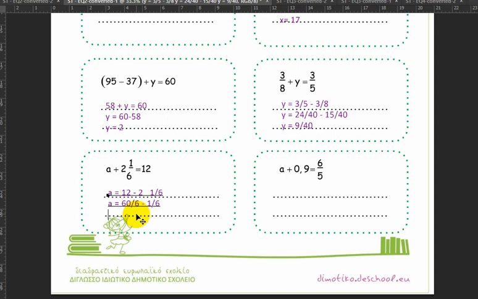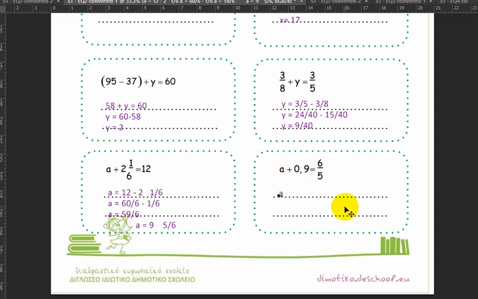So this becomes a equals 59/6. Or if we want to write it as a complex number, we could write it as a equals 9 5/6.